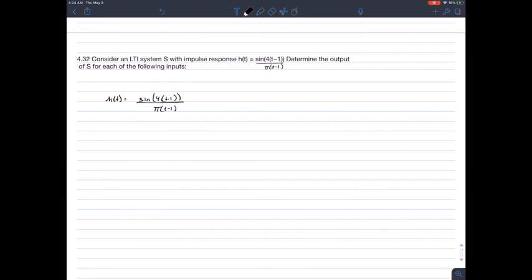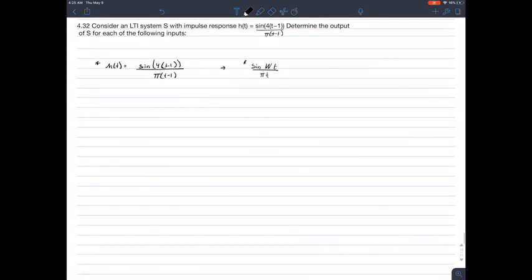You need to look on the x of t side, and you're going to see something familiar to this equation, which is going to be sine big W t over pi t. Okay, so we need to see how this h of t has been changed from this original sine wt over pi t, so we can see what the Fourier transform will look like.